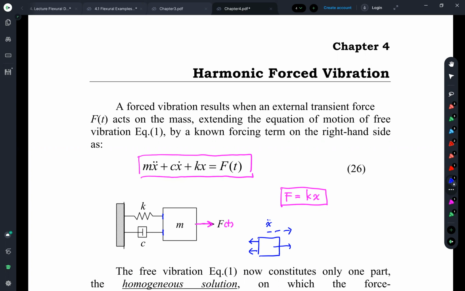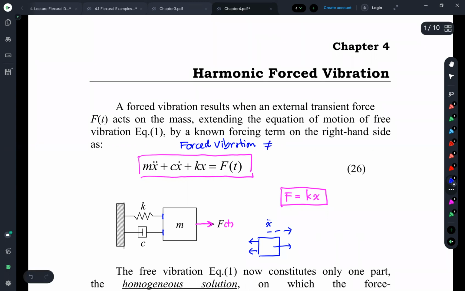Today, we will look at this kind of form, the forced vibration. Let me call it the forced vibration. The meaning is very clear, right? That means you have some vibration under the force, under external force.